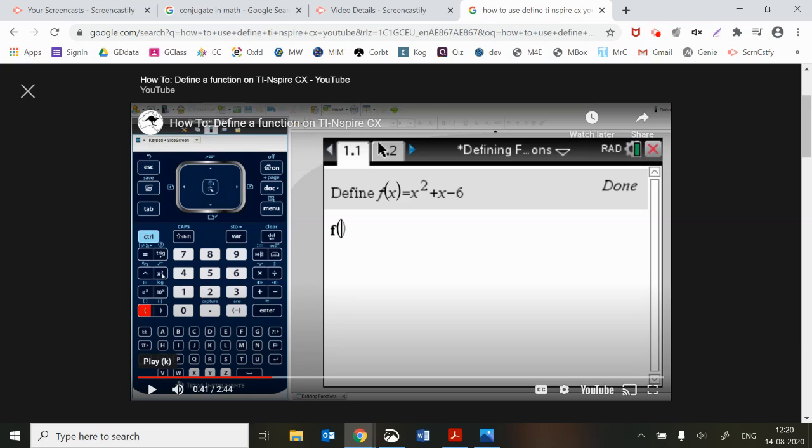You can use the define function in your calculator to define Z1 is equal to your complex number, whatever you choose it to be. If it's 4 plus 3i, then you can say define and write in Z1. You can type in the Z from the key at the bottom and then 1, and then equals.